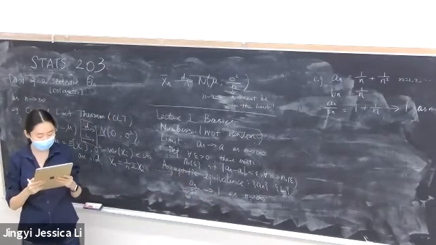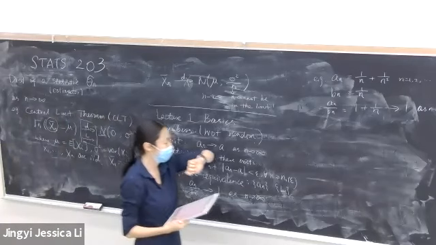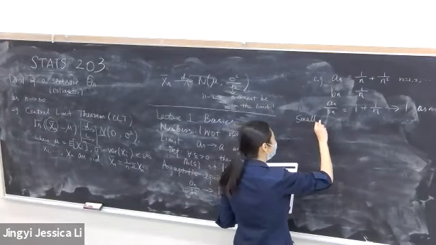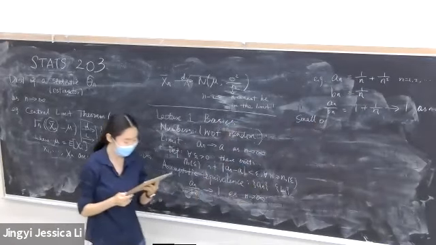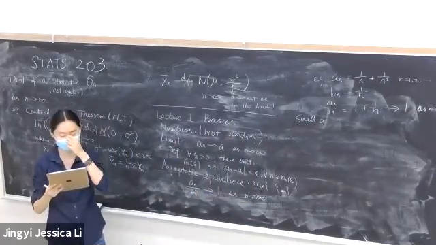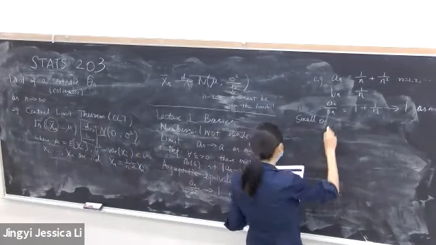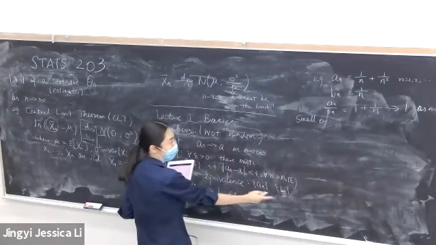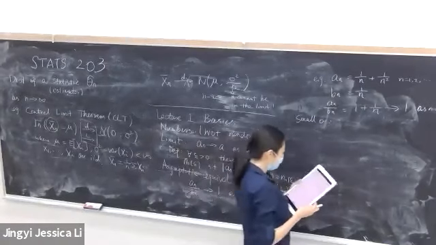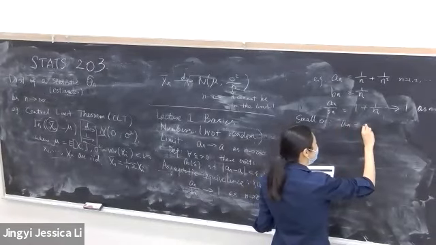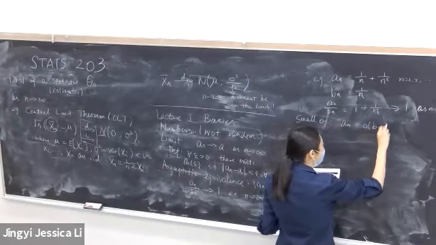Another thing I want to talk about is the small o notation. I'll try to write the o small enough so you can tell it's a small o. Sometimes we write, still about two sequences, an and bn, an is equal to small o of bn.